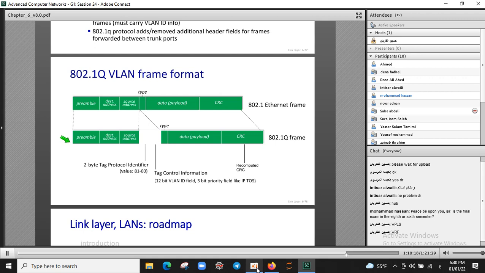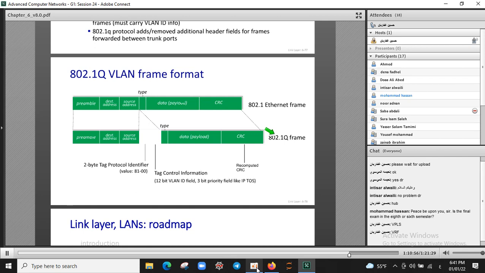In this case, when we use this protocol, look at this one here. This is the simplest, this is the Ethernet frame, a simple Ethernet frame. Okay, there is a preamble, a destination address, a source address, a type, a payload and CRC. This is the standard 802.3 Ethernet frame.